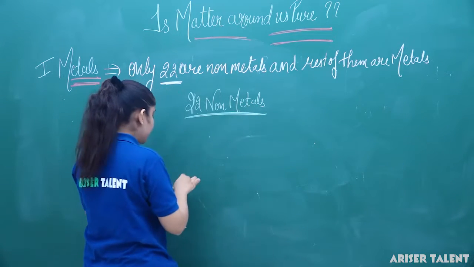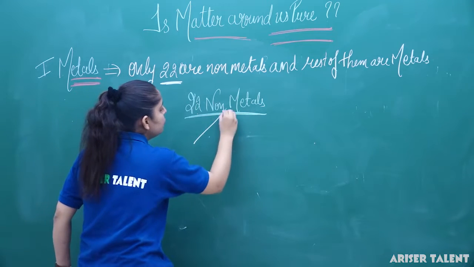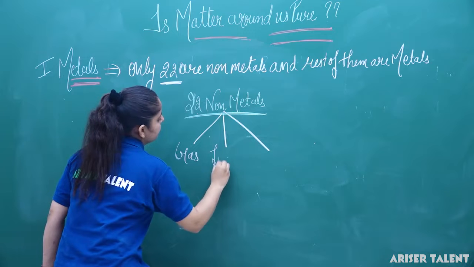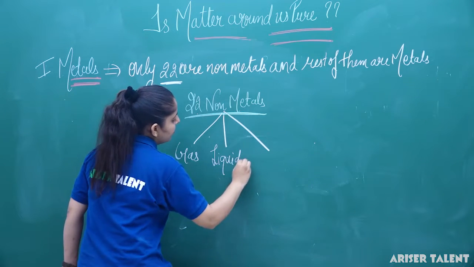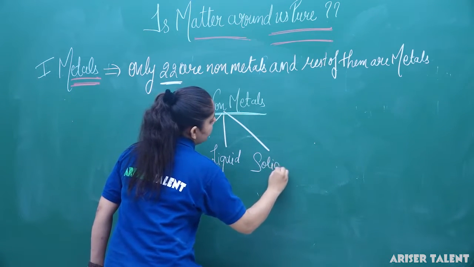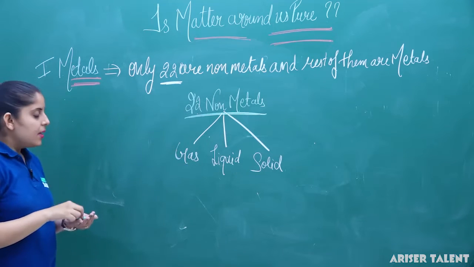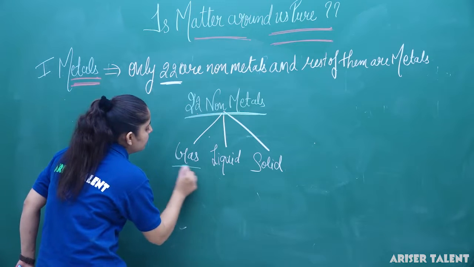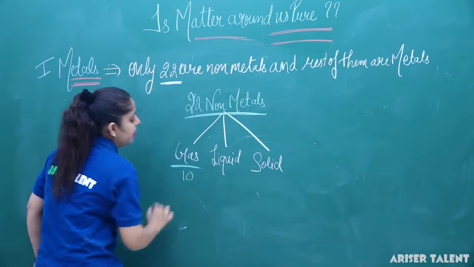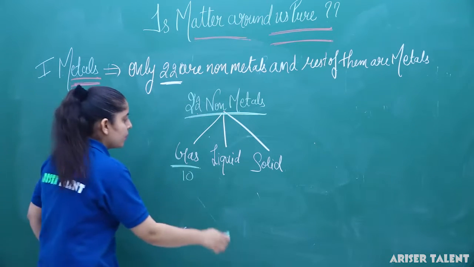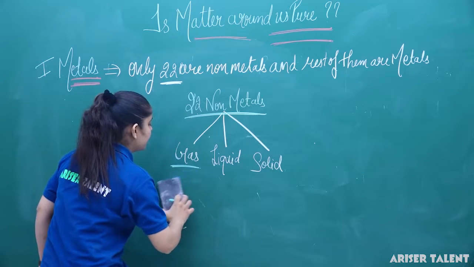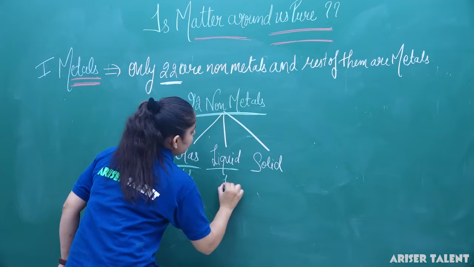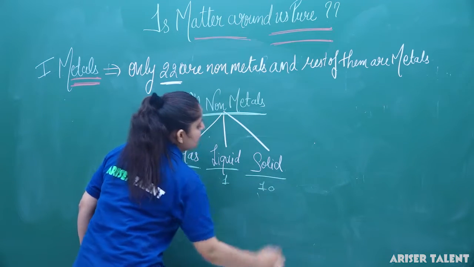Now among these 22 non-metals, we have 11 gases, one liquid, and the remaining 10 are solid.